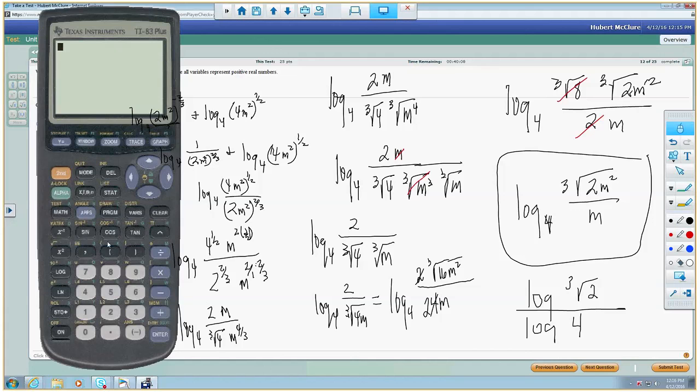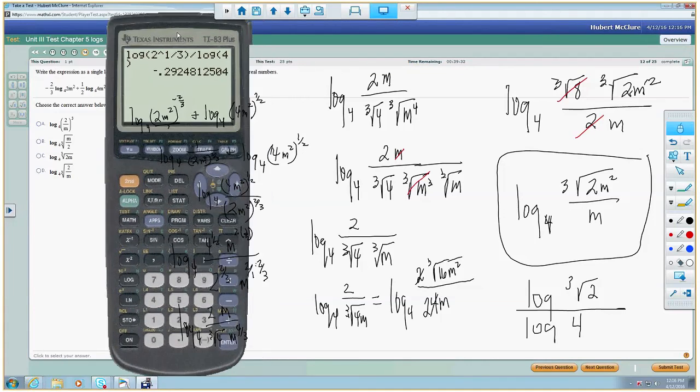Log of 2 to the 1/3 power. What's 1/3? I'll just do 1 divided by 3. Close parentheses. Divided by log of 4. Now write this down. That is negative 0.29. Write that down. Negative 0.29248, blah, blah, blah.